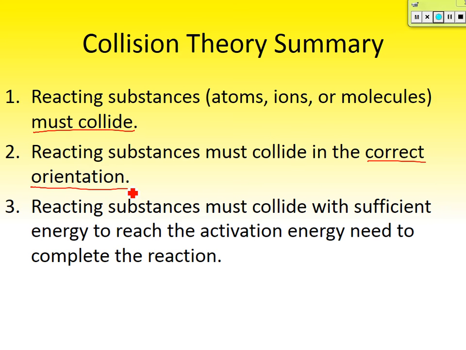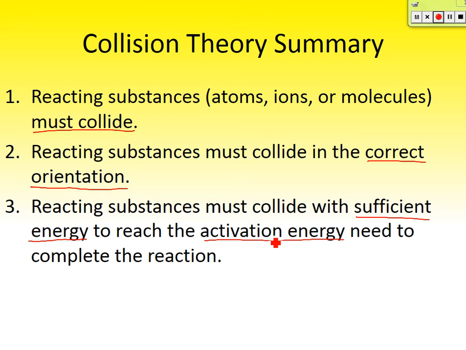And then finally, step three, the reacting substances must collide with sufficient energy. They have to hit each other hard enough to reach the activation energy needed to complete the reaction. If they just glance off of each other and don't meet that activation energy, then no reaction will occur. But if they hit each other hard enough to overcome that activation energy hill, then they will form the products and the chemical reaction will occur.